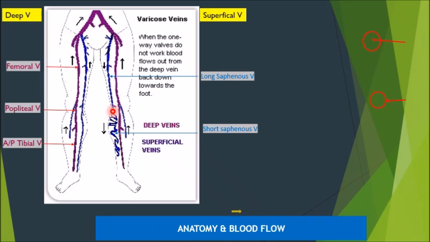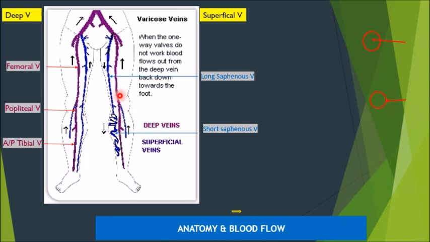Now, the flow of blood is from the superficial veins into the deep veins. This flow occurs at various levels in the leg as well as the thigh, and at the popliteal and femoral junctions. The veins which connect the superficial to the deep veins are known as the deep perforator veins or communicating veins.